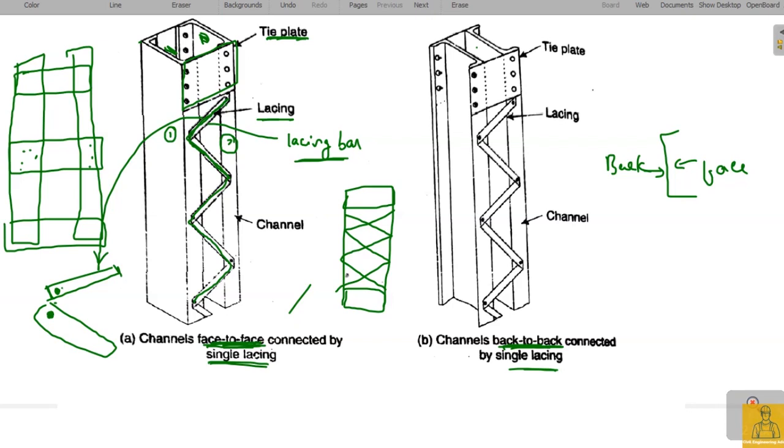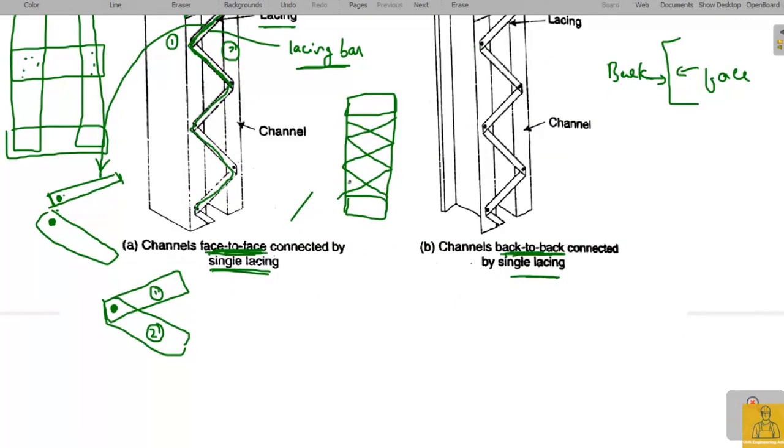But in some cases it can be this way. How is that? This way. Now see, lacing bar 1 and lacing bar 2 are overlapping each other. These two bars are overlapping each other onto this column section, and they are bolted here by using a single bolt.